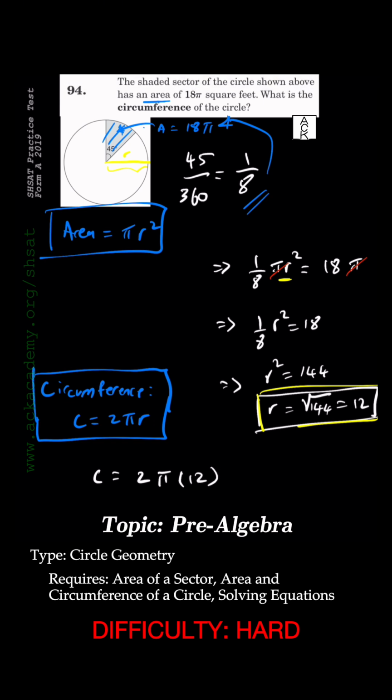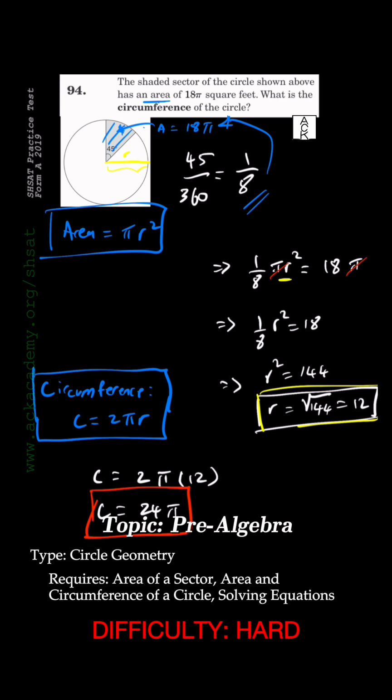So this is the circumference of the whole circle. Right when you have that radius, you can figure out the circumference of the whole circle. So 2 pi, and what's 2 times 12? 24 pi. And the circumference of this whole figure is 24 pi. That is the final answer.